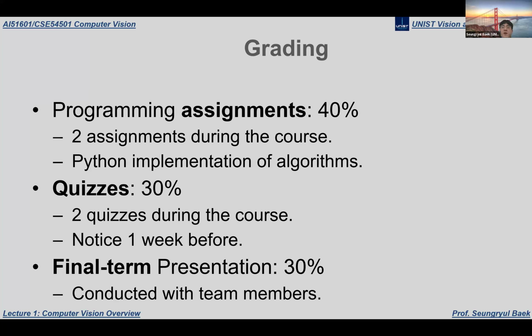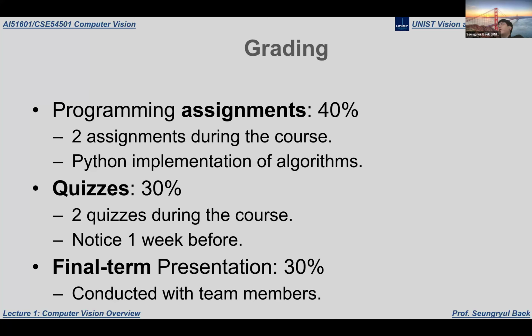There will be two assignments during this course, and that will count for 40% of your overall score. In the syllabus it was 45%, but it will be 40%. We increase the importance of the final term presentation rather than PA. So 5% is becoming different.